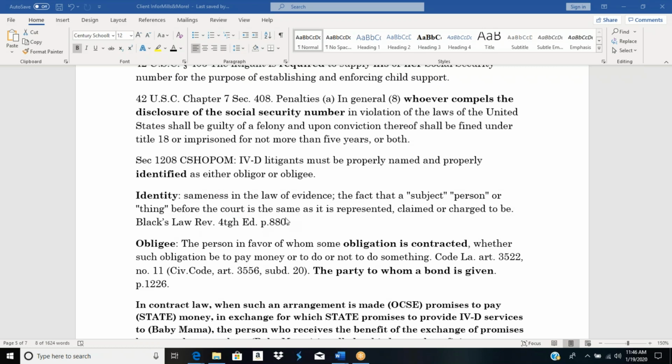Gentlemen, right here is where most of you mess up. This is your biggest, your most complete failure that you could ever have, is presenting an identity. Okay? If you decide to open mail that is meant for an obligor, non-custodial payer, which is positively identified by the social security number, then walk into a Title 4D administrative hearing and try to fight it, you're going to lose.